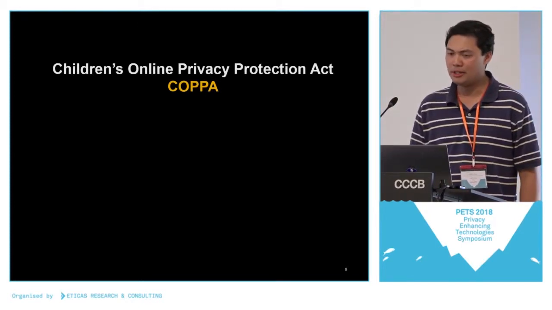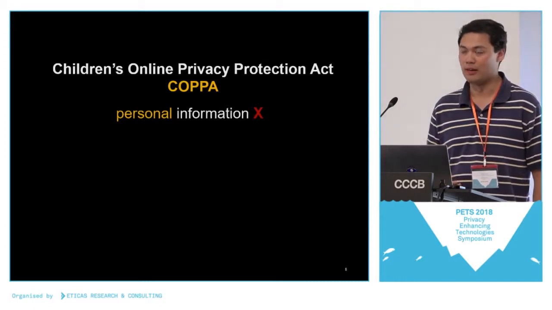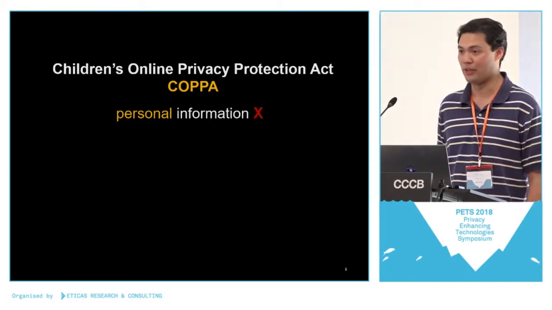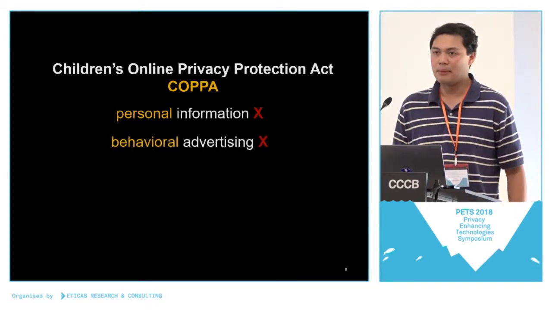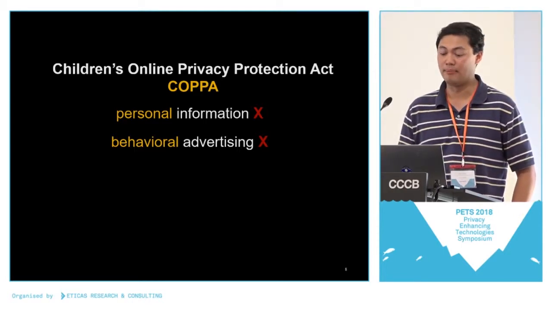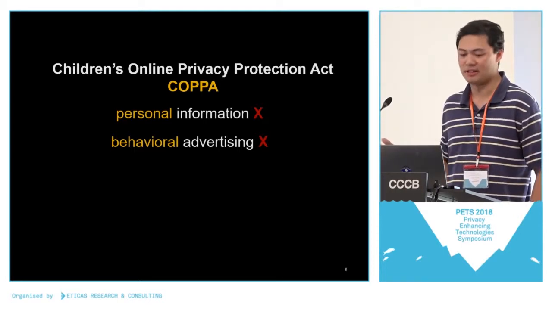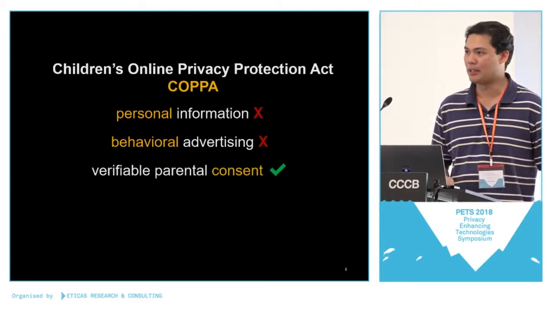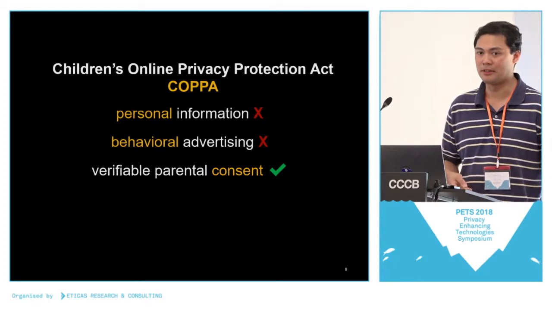It places prohibitions on the collection of personal information like geolocation, contact info, photography, audio. It prohibits building behavioral profiles of children over time and across different services, something that's enabled by persistent identifiers. It requires that parents give consent before apps can collect data.